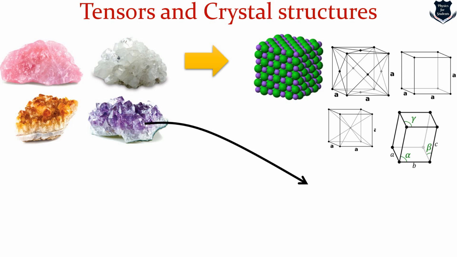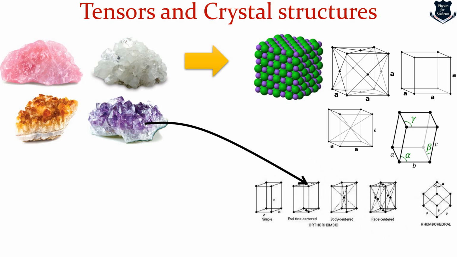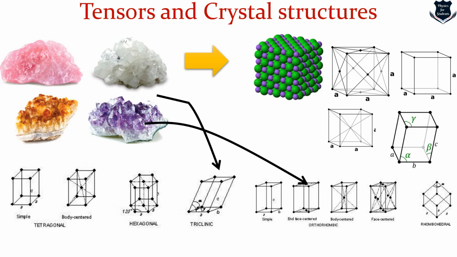So if I expand the crystal into a further study, then it looks like this, right? Simple and face terraced, rhombohedral, face terraced, and further if we expand this, it will also become this. So you understand that studying the structure of crystals becomes very complicated because it is body centered, it is tetragonal, it is hexagonal, it is triclinic.